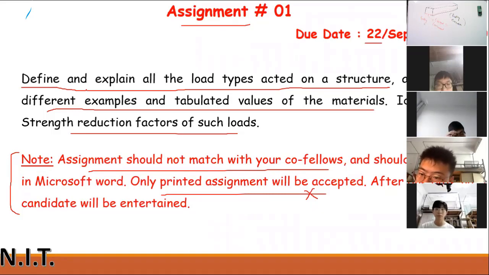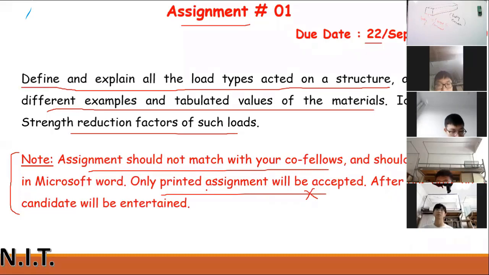It has 3 parts: define and explain all the load types acting on a structure, provide me the different examples and tabulated values of the materials used for those loads, and identify the strength reduction factor of such loads for different structural members. Clear?